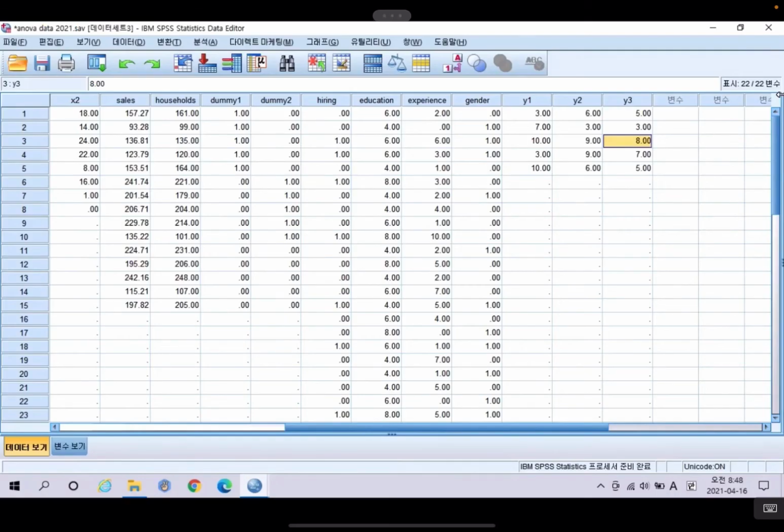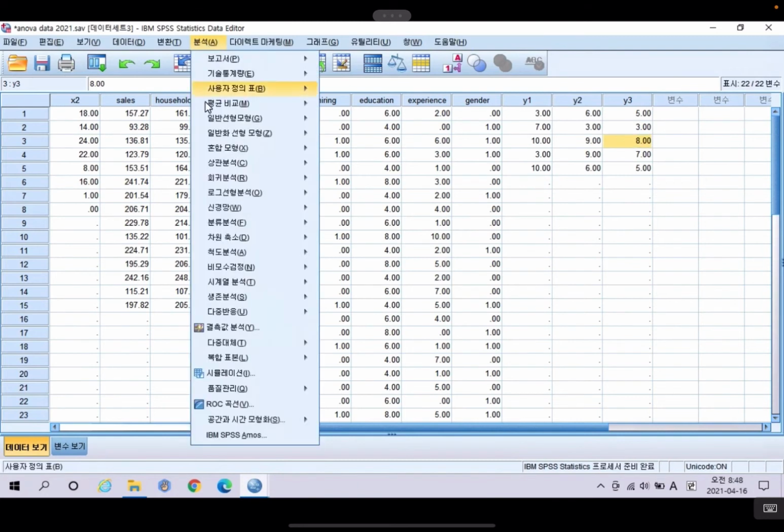Now let me show you how to do the factor analysis. So this is exploratory factor analysis, right? So I already put the scores for finance and marketing and HRM, right? So once you put your data, you go to the analysis, right?